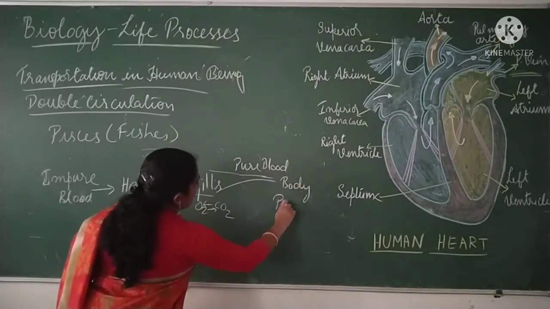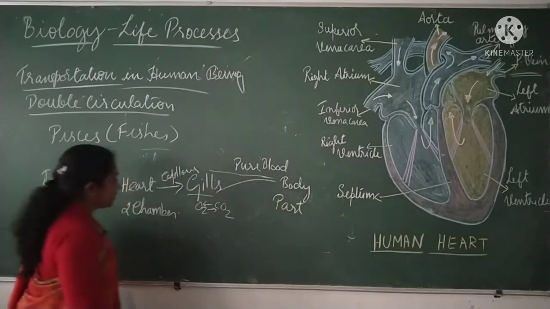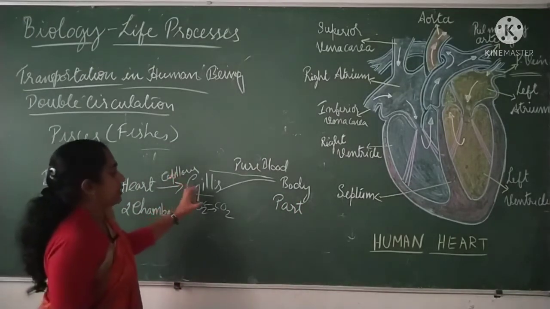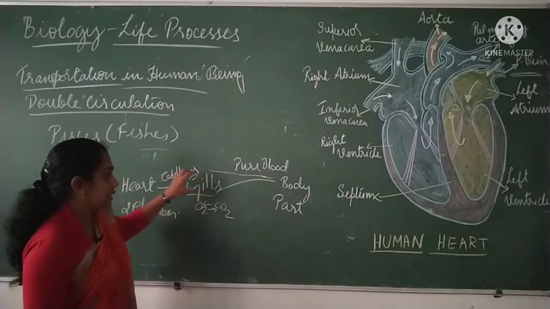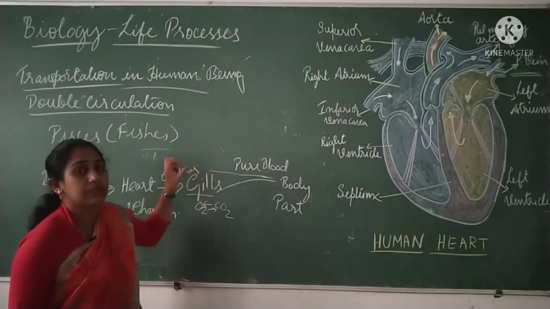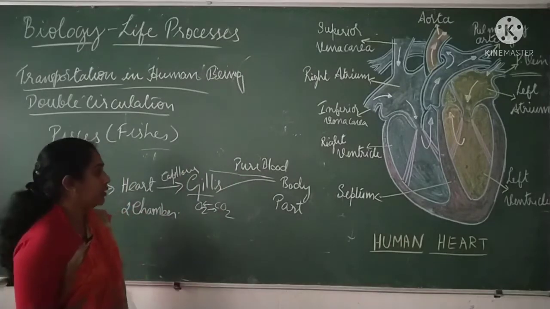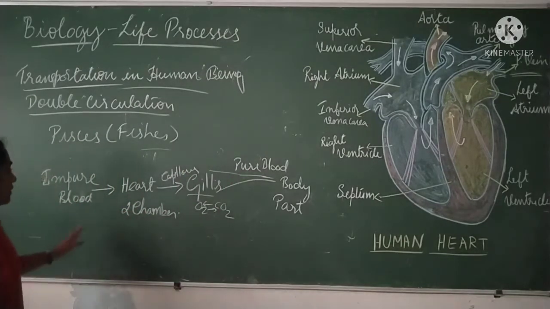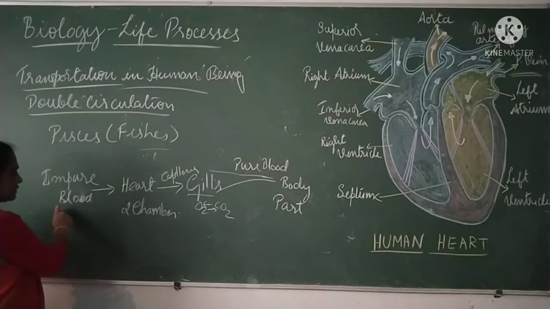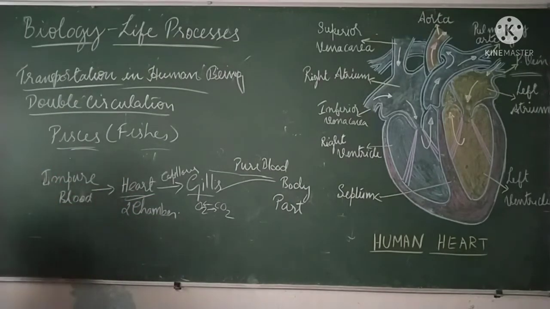So it does not go back to the heart once again for pumping. From the gills, the blood capillaries are connected to the arteries, which directly carry the pure blood to different body parts. So the blood reaches the heart only once in the case of fishes. Is that clear?